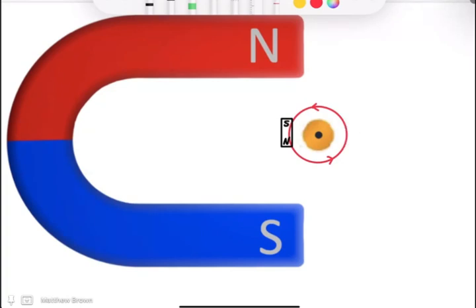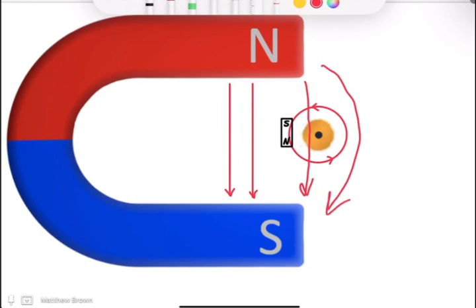Now let's consider the magnetic field itself, just from this big horseshoe magnet we've got here. Magnetic field lines always go from north to south, so we'd have magnetic field lines going like that. And really these would be all over. They would also go through here and be going around like that. We could really draw all these in, but for the sake of my little drawing I'm not going to draw all of them.